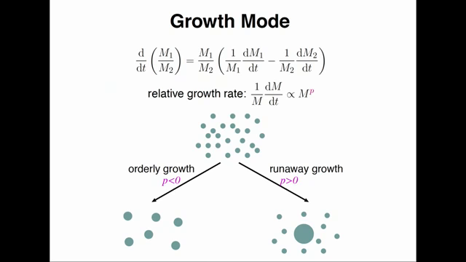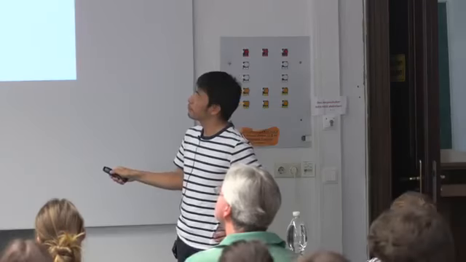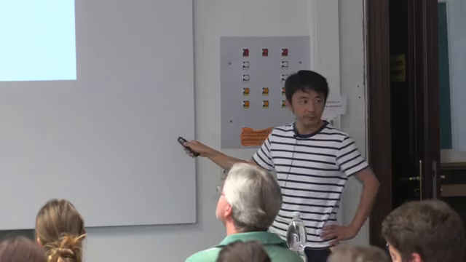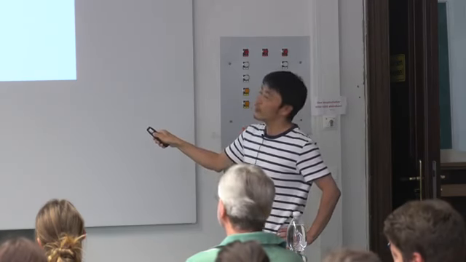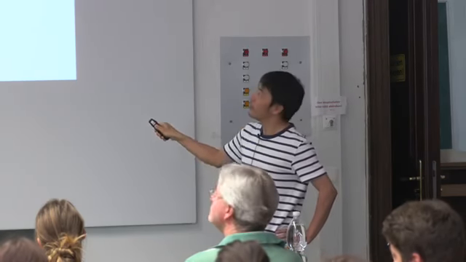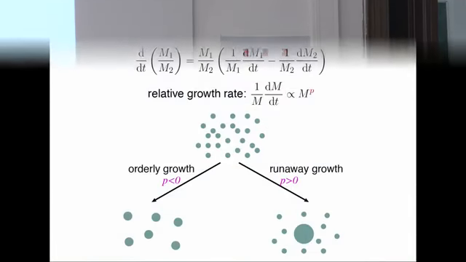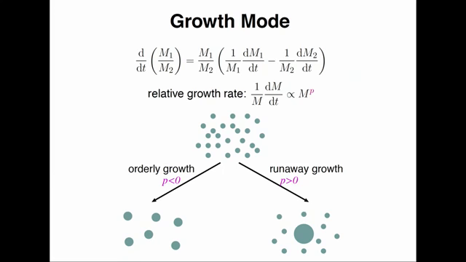In other words, they all grow equally. This mode is called orderly growth. But if this is an increasing function of m, and m1 is initially larger than m2, then this right-hand side is positive. Then the mass ratio increases. This mode is called runaway growth.